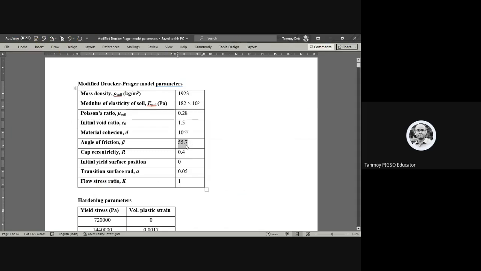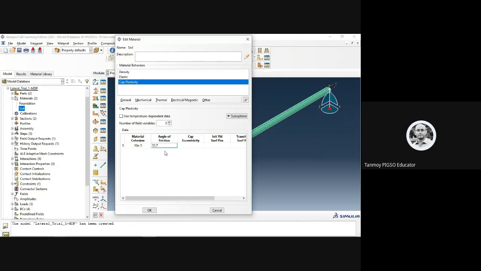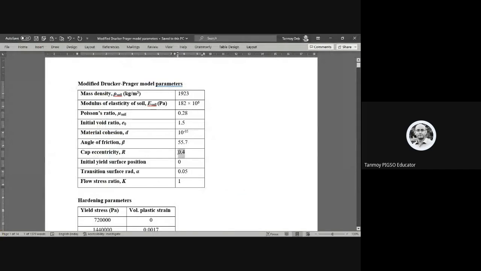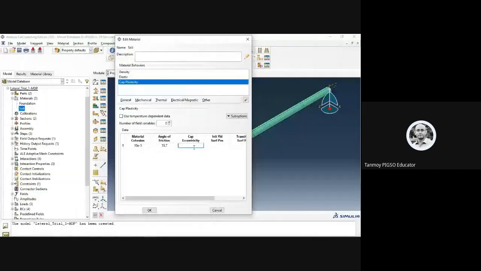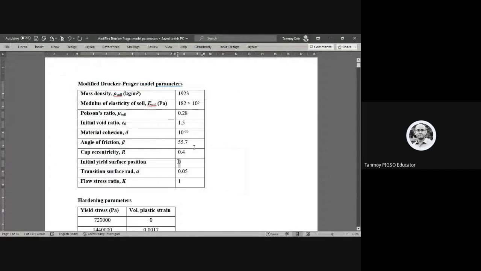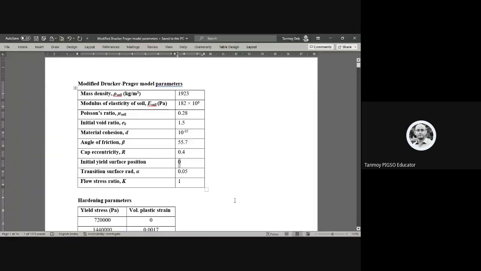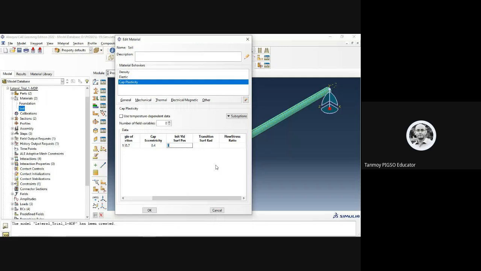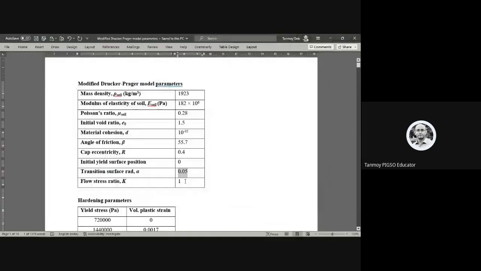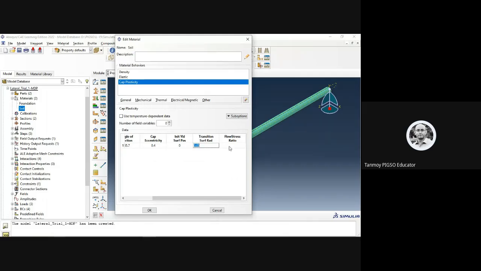Cap eccentricity is 0.4. Initial surface position is 0. Transition surface radius alpha is 0.5, and flow stress ratio is 1. These values are generally used in many problems in Sam Helwani's book, so you can get them from there.